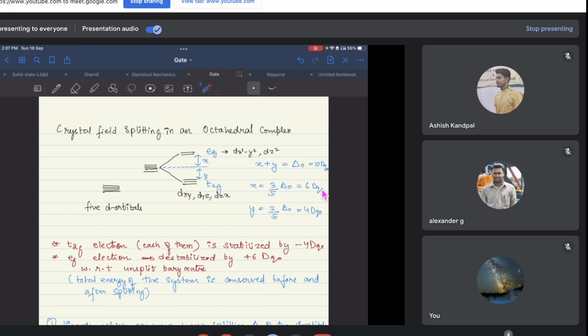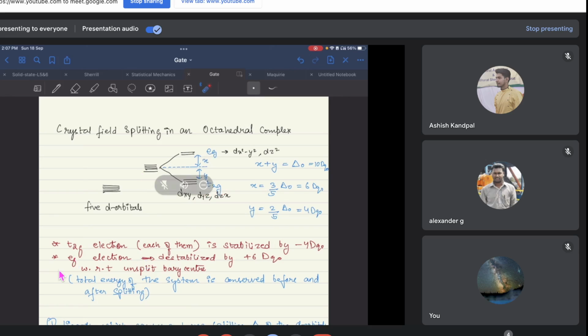Once surrounded by the incoming ligand, the degeneracy of the d orbitals is still maintained, but at a higher energy than the ground state. Then, according to the approach of the ligand, here we are talking about the octahedral complex, so it will get split into t2g and eg orbitals.